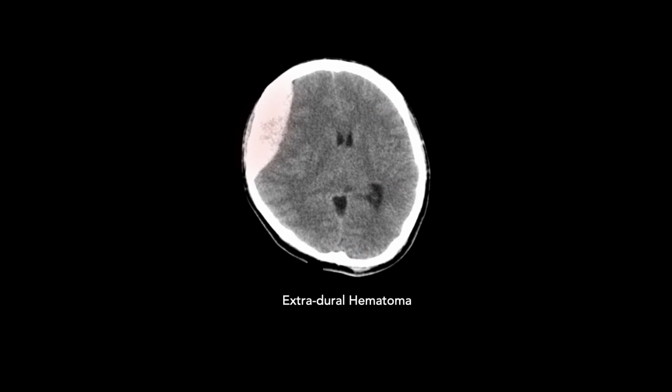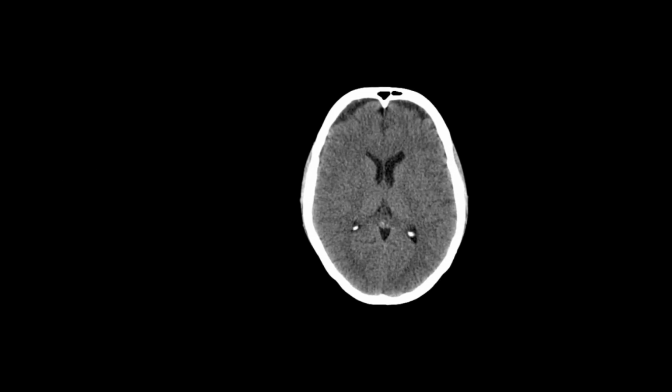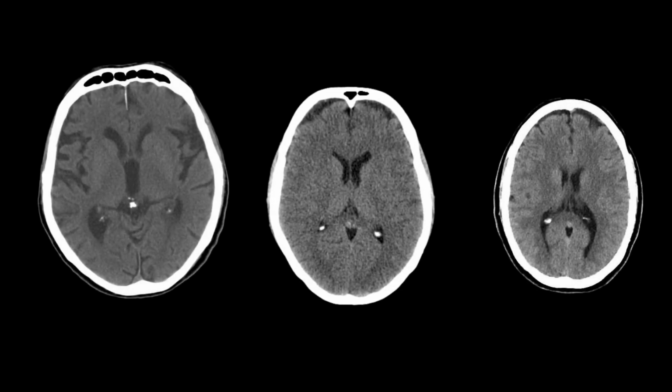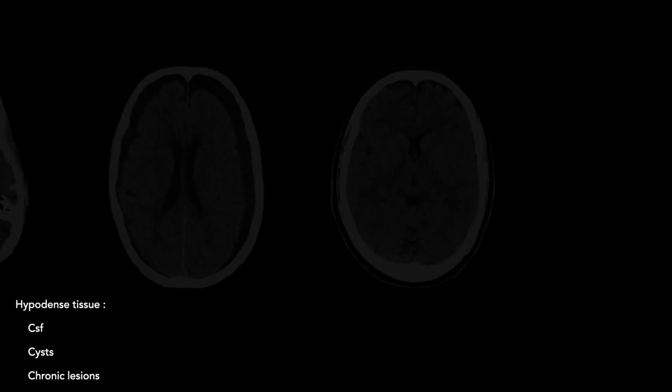So an extradural hematoma, actually, and we're going to discuss later how we found that out. So basically, hyperdense tissue: blood, bone, and calcium. Here, one more time, calcium, this is a calcified pineal gland. And these white hyperdense structures are calcified choroid plexuses.